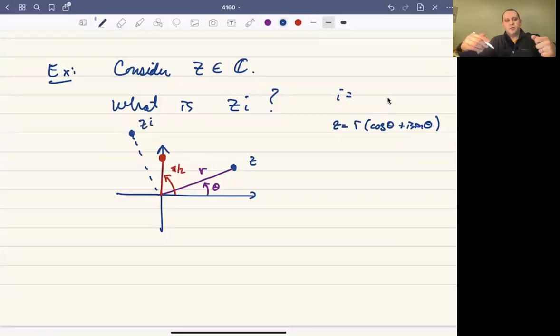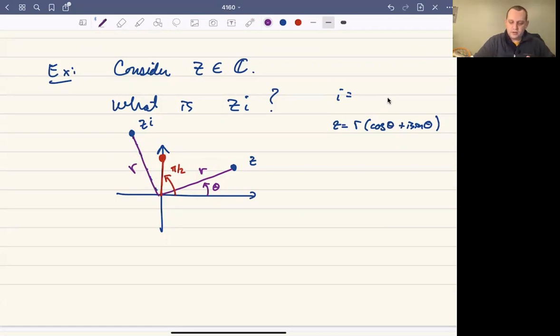Notice that the modulus of z and the modulus of zi are the same. The reason is that when you multiply two numbers, you multiply their moduli, and the modulus of i is just 1. So you just end up with this r value. That distance here is, again, r. And then you take the value theta and add pi over 2 to it.